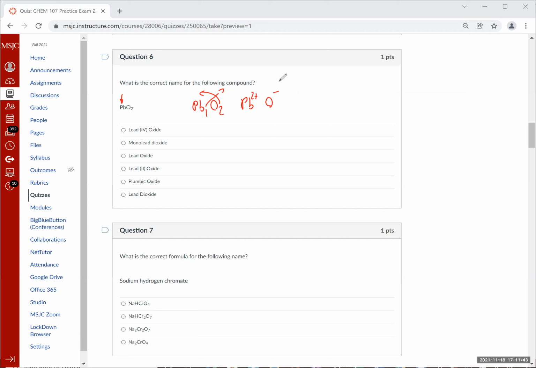However, this is not the end of this problem because oxygen has a preferred charge of 2-, so we need to multiply each of our charges by 2, giving us the correct charges of lead 4+ and O2-. Remember, the charges for your main group, metals and nonmetals, must match periodic trends.